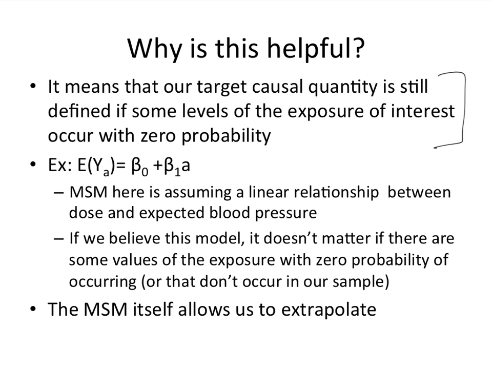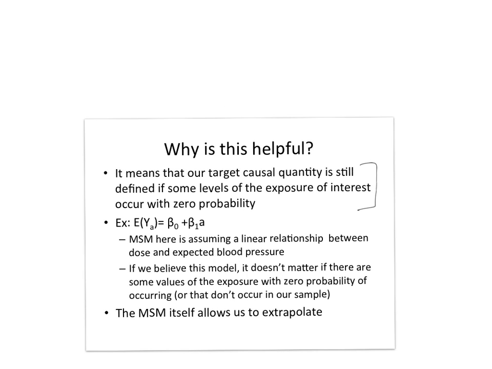In case you don't know, picture what I'm talking about. If I have something like E hat Y A, and I have some values here, and then I may be missing some here, assuming that nothing crazy happens here, it's probably okay, right?